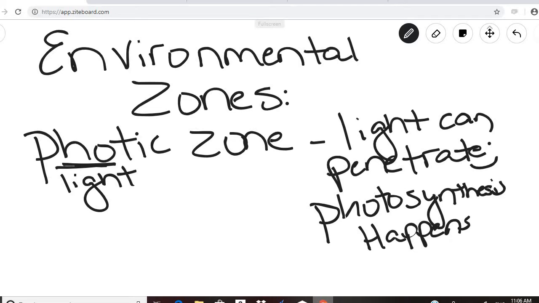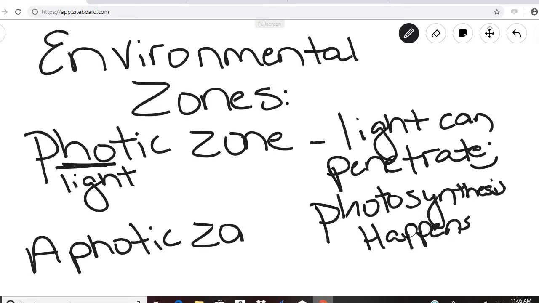Okay, and then the opposite of the photic region is the aphotic region. So again, a means no light, so this would be an area where there is little or no light, and therefore no photosynthesis.